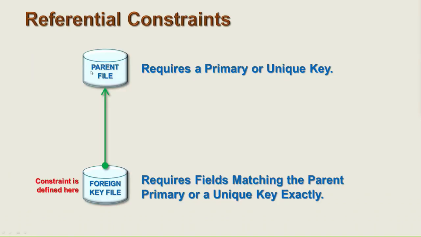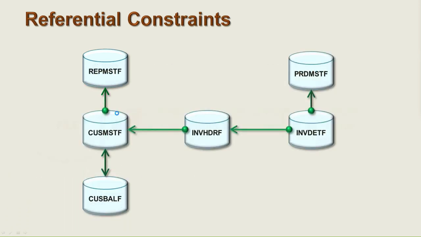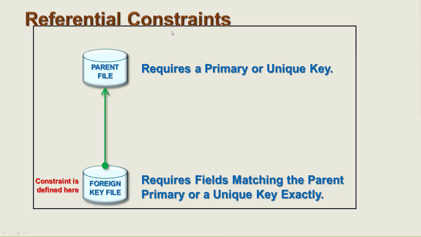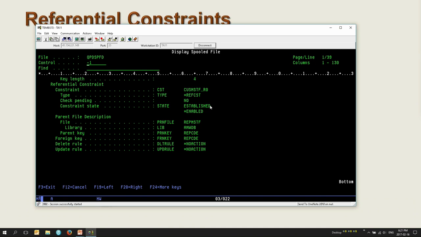The relationship here is a 1-to-1. It's a 1-to-1 relationship in this particular case. Because you are defining it from the bottom up, and because the customer number has a single rep code, it can only point to one rep code in the master file. Therefore, it's a 1-to-1 relationship.